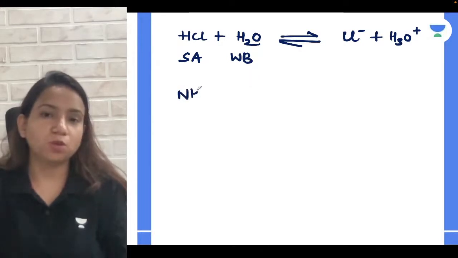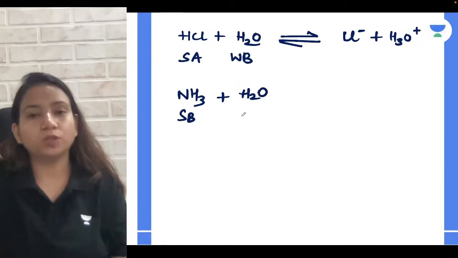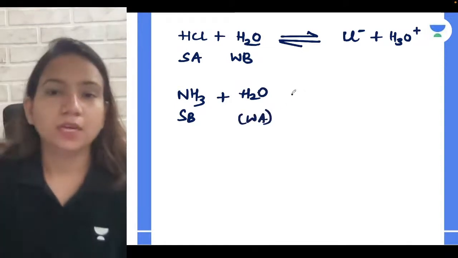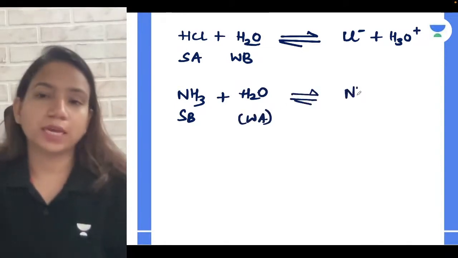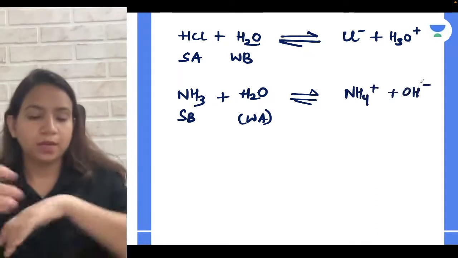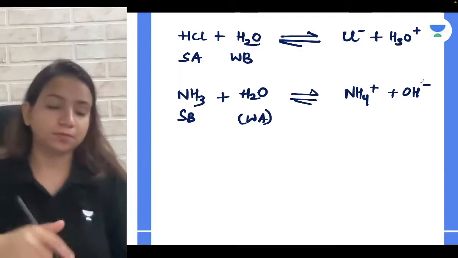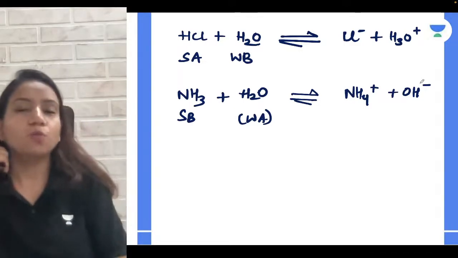But if you are taking a strong base and adding water, it is going to act as a weak acid, because now water is going to lose H plus ion and it will form ammonium ion plus OH minus ion. Clear with it, guys? This is very simple. Very good.